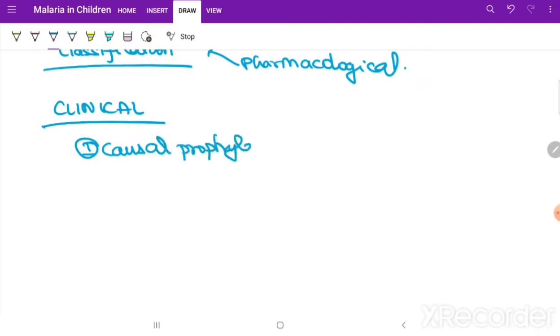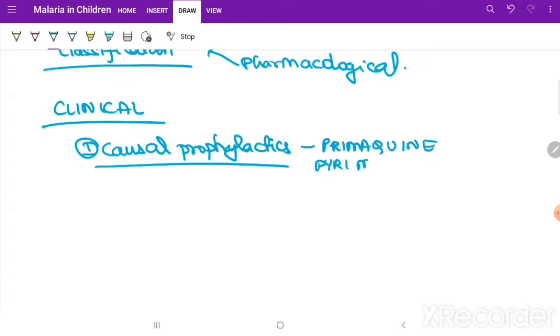What are causal prophylactics? Causal prophylactics are the drugs which prevent maturation of or destroy the sporozoites within the hepatic cells. These are primaquine, pyrimethamine, and proguanil.